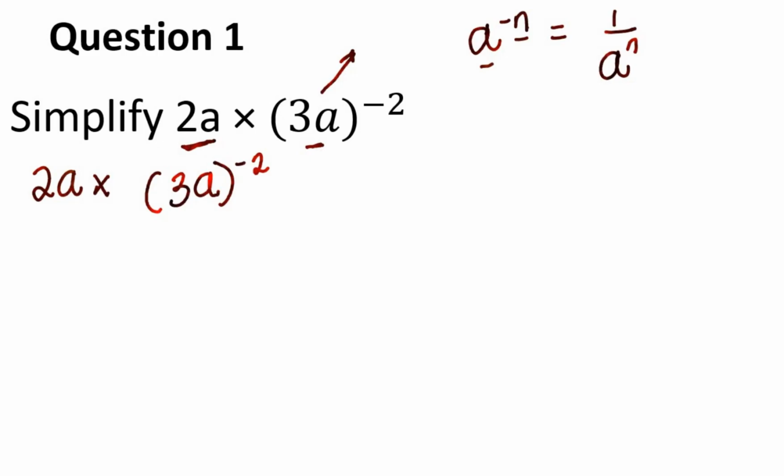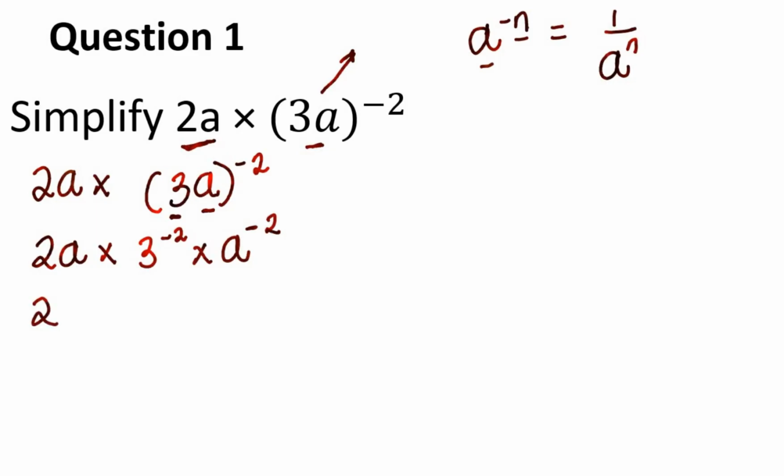This negative 2 affects both the 3 and the a. So we have 2a times 3 to the power of negative 2 times a to the power of negative 2.